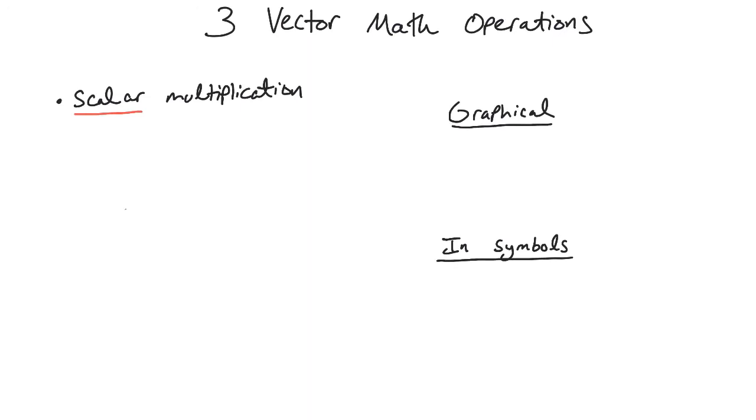Next, let's build up the very important vector math operations, and there are going to be 3 of them here. We'll start with scalar multiplication, and I'm going to show you how you can draw little pictures for scalar multiplication. That's called a graphical representation. And then we'll also do scalar multiplication in symbols, so you can see how that same idea is expressed mathematically in symbols and equations, etc. All right.